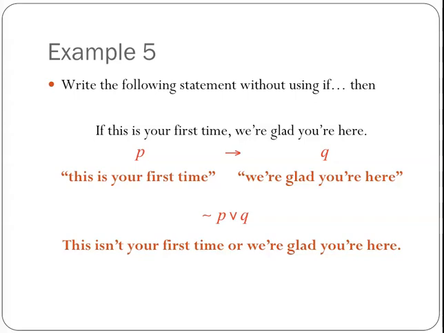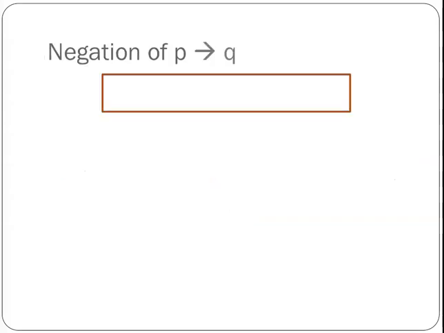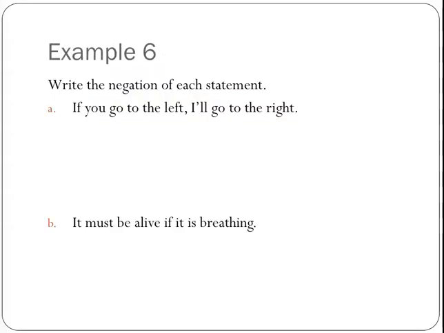Okay, now the negation of P implies Q. Another way to write the negation of this is P and not Q. Okay, P and not Q. Okay, so we'll again do some examples where we can actually see how this works. So write the negation of each statement. So if you go to the left, I'll go to the right.